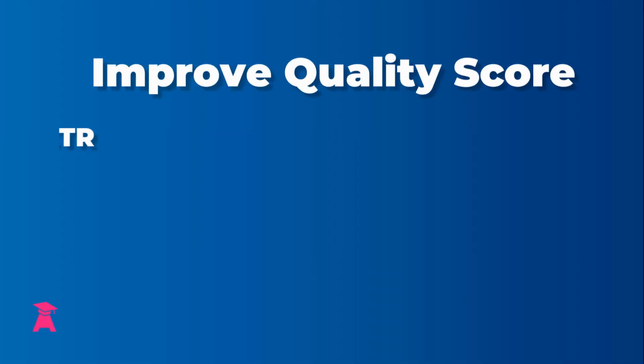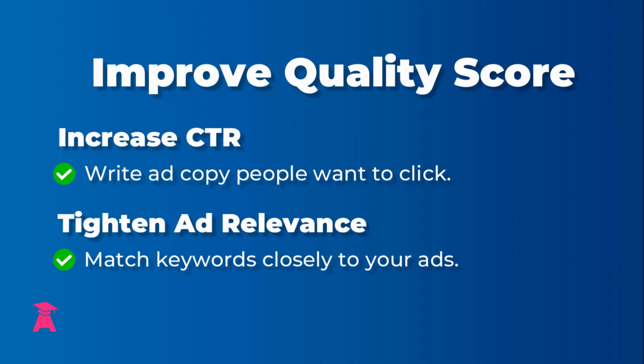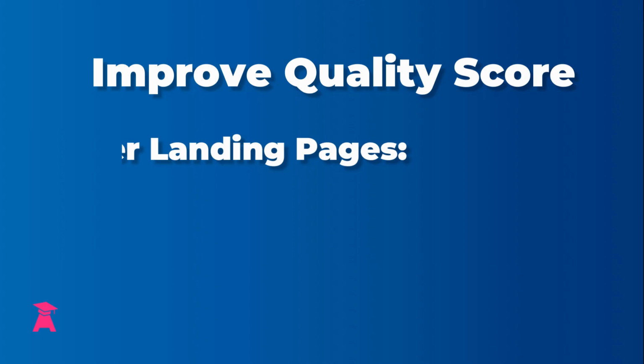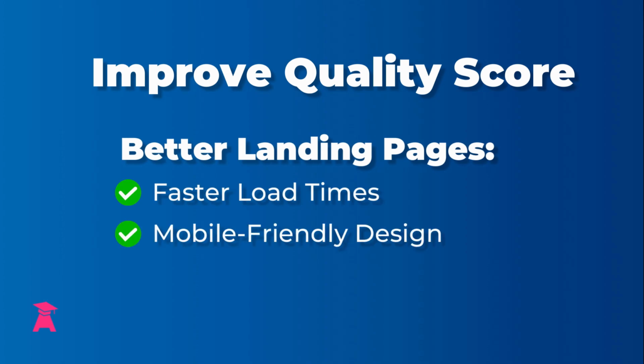So making sure that people actually click on your ads by writing better ad copy and ensuring good click-through rate will really improve your quality score. So tighten up your ad relevance to match keywords to your ad copy closely. You can also improve your landing page experience by improving your load times, making your landing page mobile friendly, and making sure they match the user's intent. You can also boost click-through rate by trying dynamic keyword insertion and other clear benefit-driven headlines.